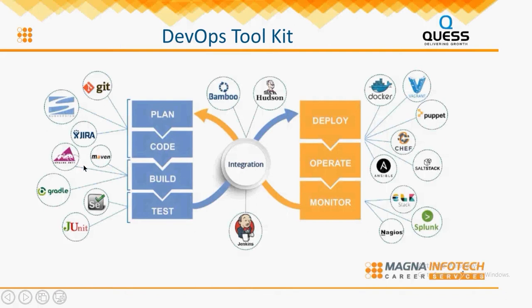When it comes to building, you have Maven, Ant, and Gradle. For testing, you have Selenium and JUnit. For deployment and operating, you have Docker, Vagrant, Puppet, Chef, Ansible, and SaltStack. For monitoring, you have Stack, Splunk, and Nagios.